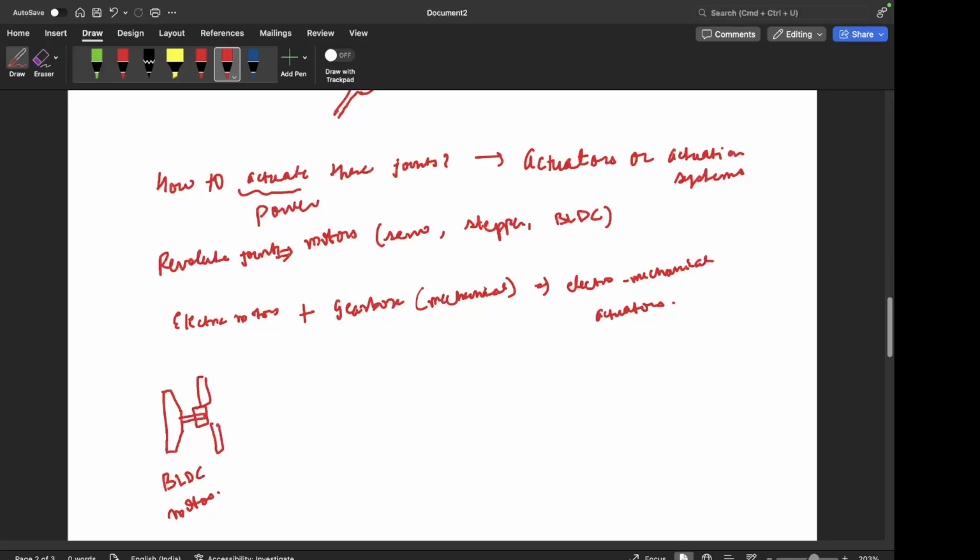I cannot draw all three of them, so I will just draw a front view. So this is the sun gear, and we have three planet gears, right? And we have a ring gear. My drawing is pretty bad, but let me just put names. So this is the ring gear, which is fixed.